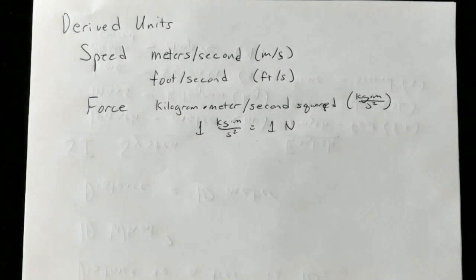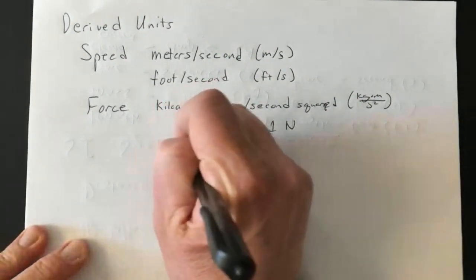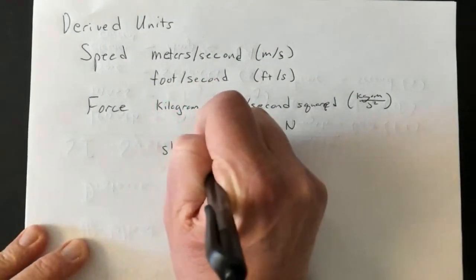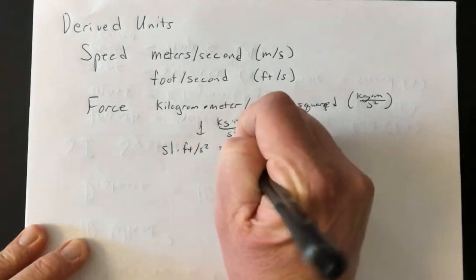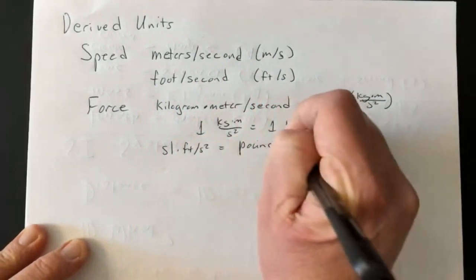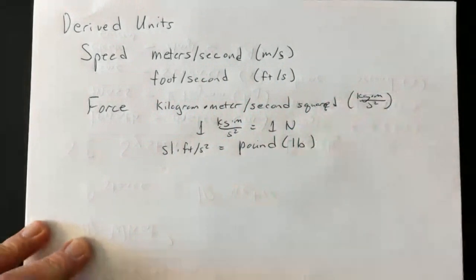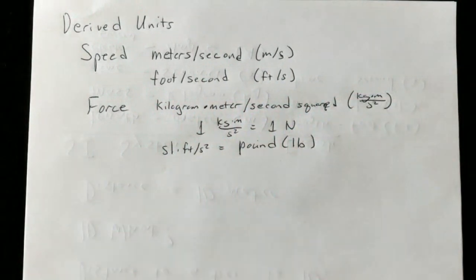Now, the unit of force in the English system is a slug foot per second squared, which is equal to a pound, and that is abbreviated with an LB. You may wonder, how does it get abbreviated as an LB? Well, it goes to Libra, which is a Latin word for scale.